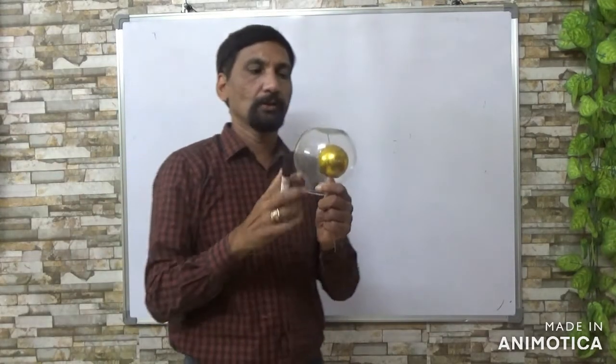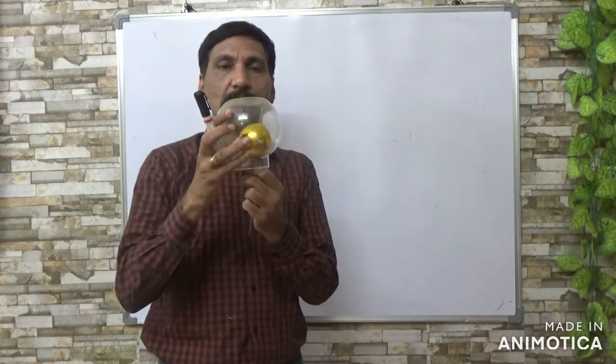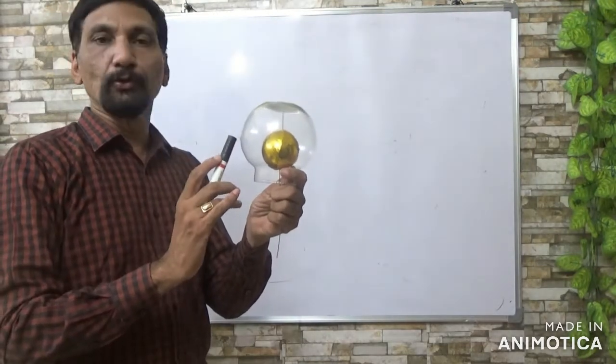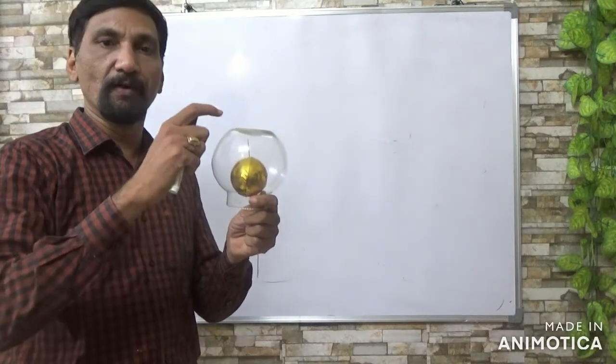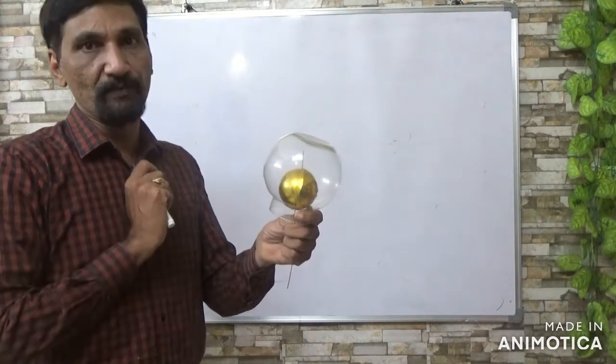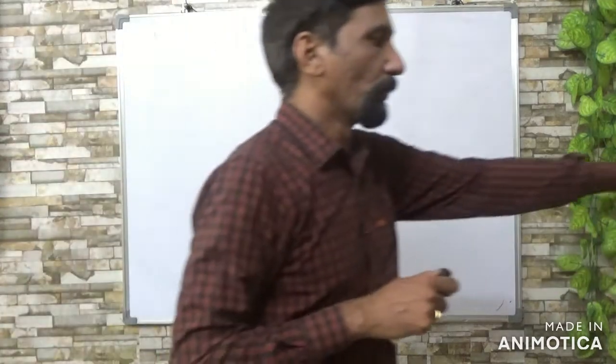Suppose you have taken a charged sphere and you want to find the field strength due to it on the Gaussian surface, on the charged body, and inside the charged body.